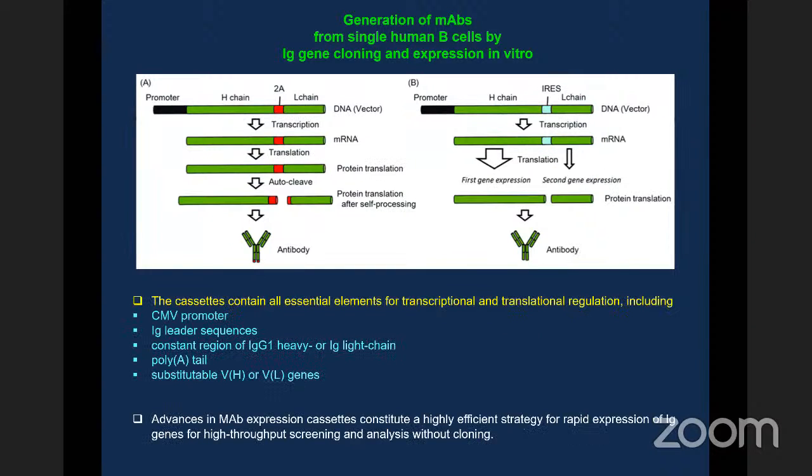Basically, these cassettes contain all the essential elements for transcriptional and translational regulation of the gene, including the CMV promoter, Ig leader sequences, constant regions of IgG1 heavy or Ig light chain, poly A tail, and substitutable variable heavy and light chain genes. Advances in mAb expression cassettes constitute a highly efficient strategy for rapid expression of Ig genes for high throughput screening and analysis without cloning.